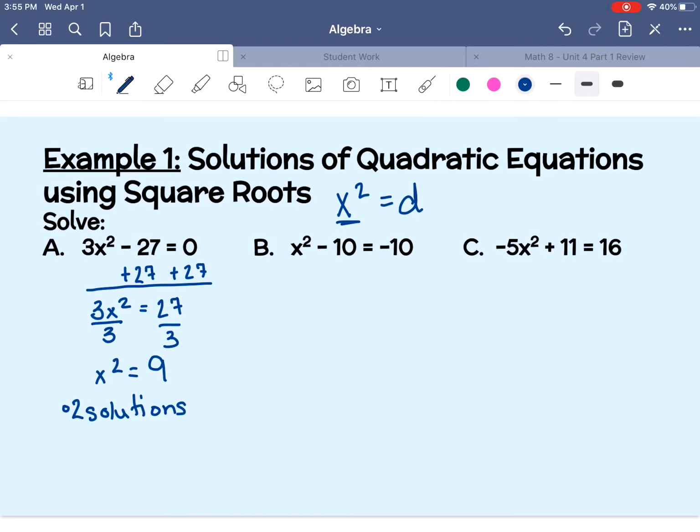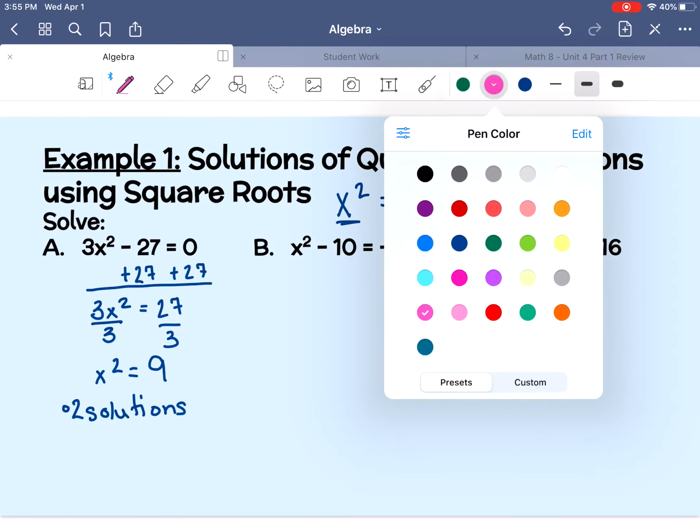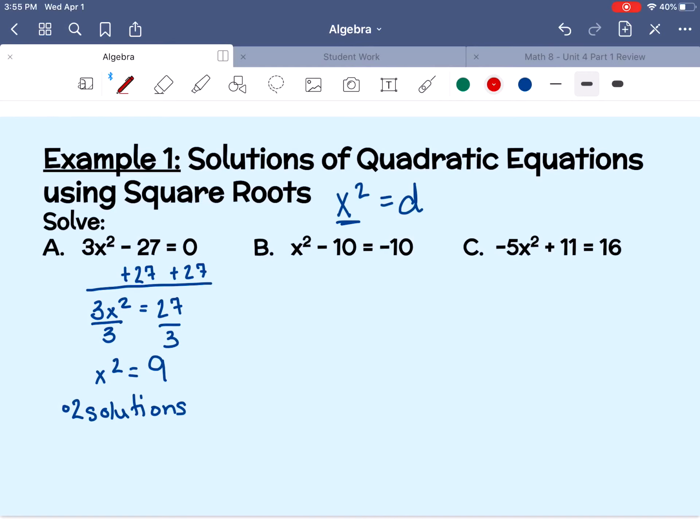Okay. And to solve, we simply take the square root, and that means that our two solutions are positive and negative 3. Easy peasy. All right, on problem B, x squared minus 10 equals negative 10.